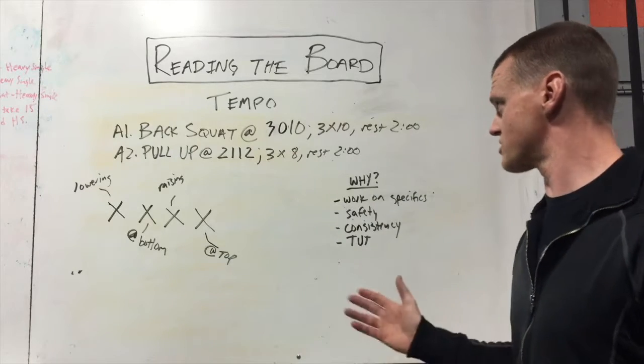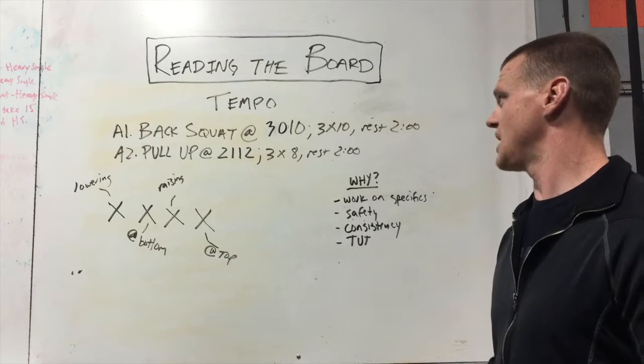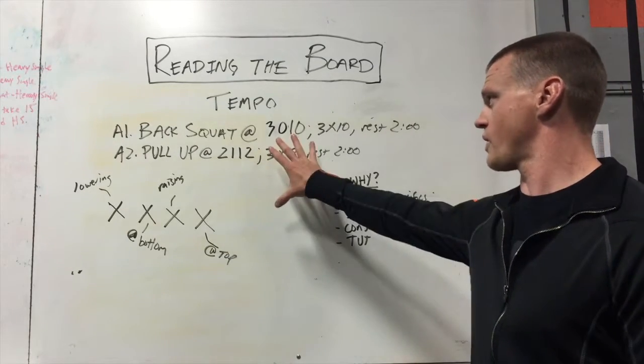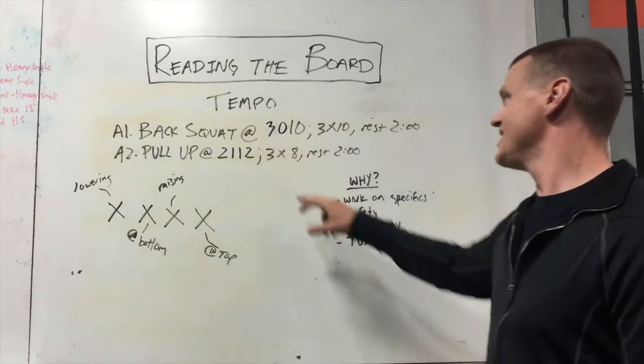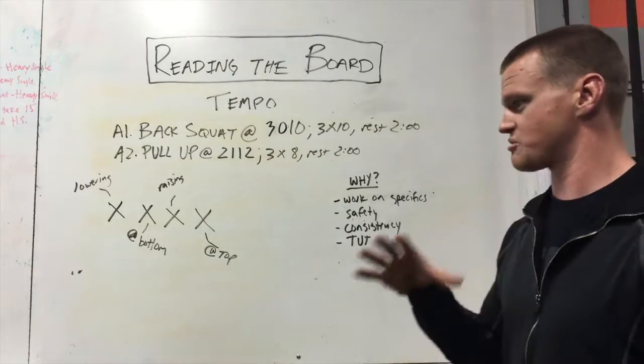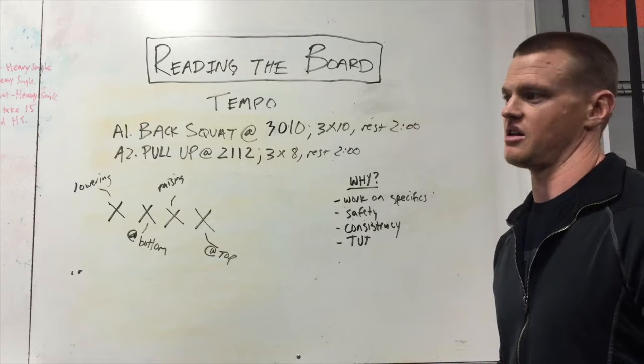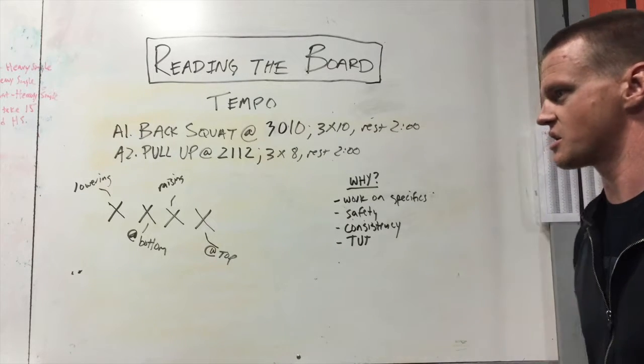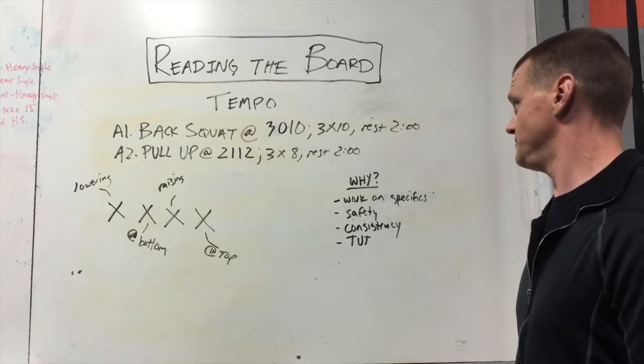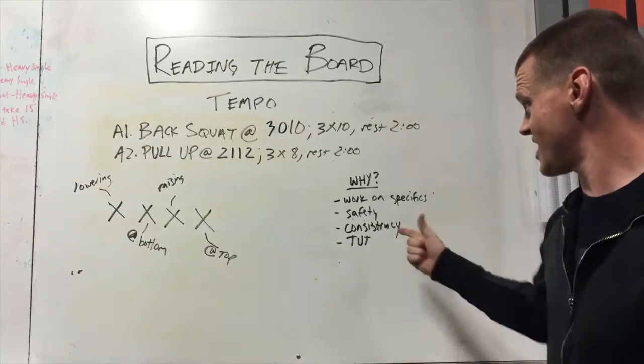Pauses at the bottom are also super effective. And in general, whenever we slow a movement down, it allows us as coaches to really explore the deficiencies and things that need improvement in somebody's squat.